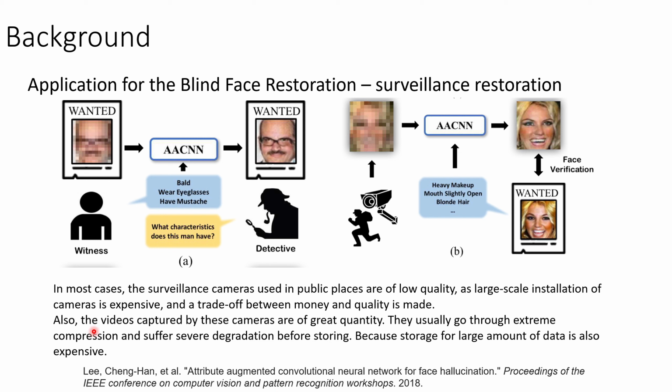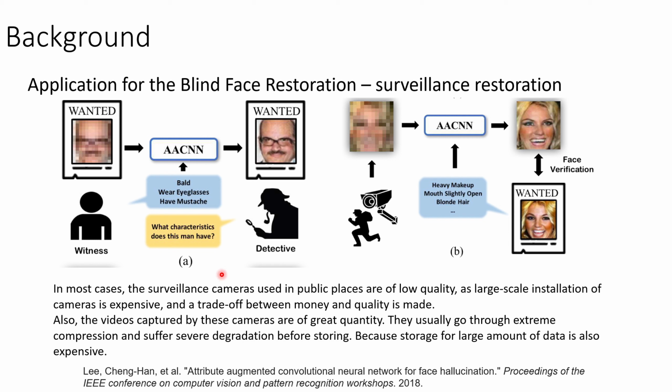Also, the video captured by these cameras is of great quantity. You must record surveillance 24 hours a day, right? So they usually go through extreme compression and suffer severe degradation before storing, because storage for a large amount of data is also expensive.